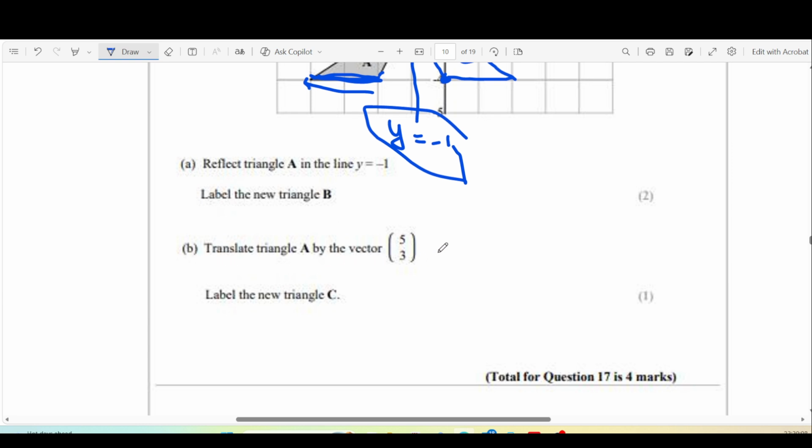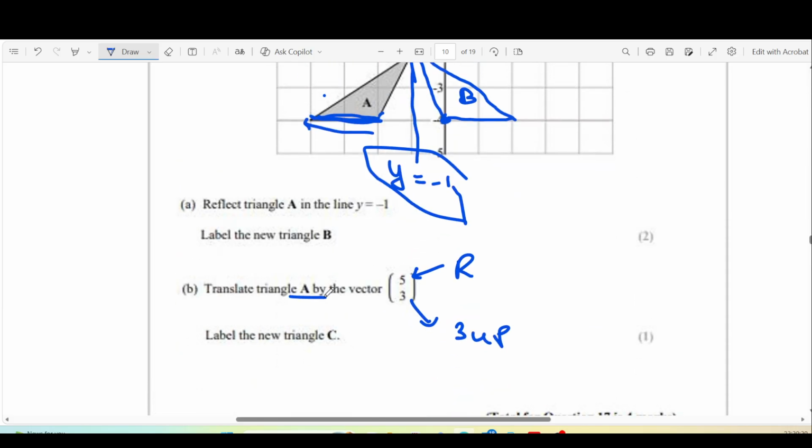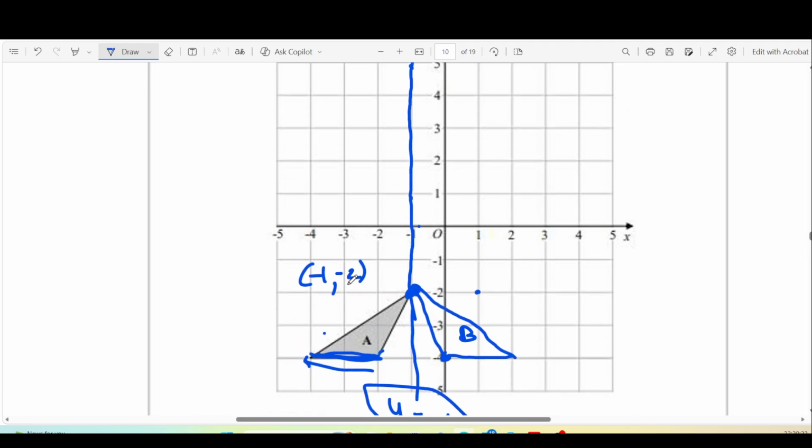Translate triangle A by this vector. This means we have to move every point 5 units right. This upper number shows right because it is positive, and this is 3 units up. Why up? Because it is positive. Then we have to make a new triangle from A. So this is my A, 5 units right: 1 2 3 4 5, and 3 units up, so 1 2 3.